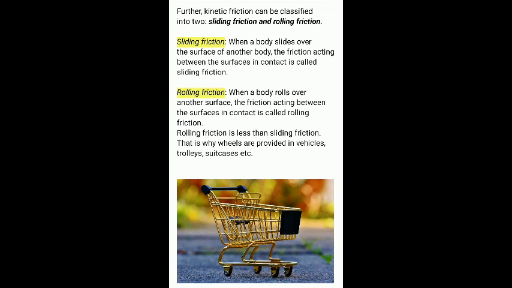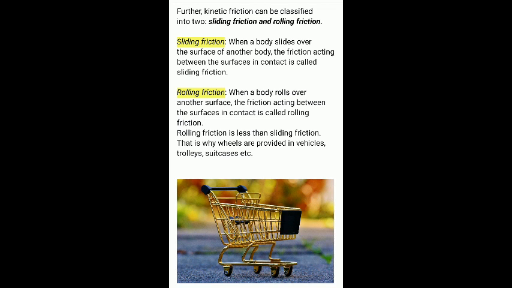Whereas rolling friction: when a body rolls over another surface, the friction acting between the surfaces in contact is called rolling friction. When one body rolls over the surface of another body, there exists some friction between them. Such a friction is called rolling friction.